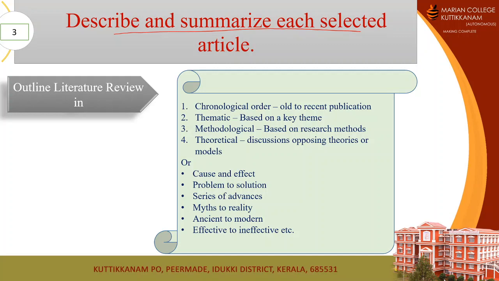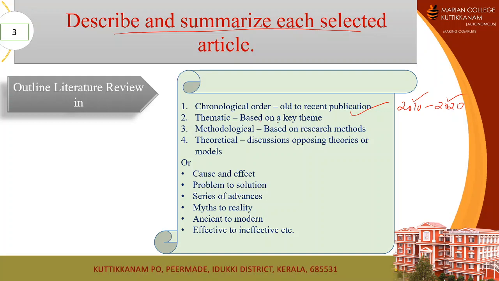Either you can arrange them from old to recent publication. For example, if you collect research articles from 2010 to 2020, you can arrange them from the old to recent work. That is one way.